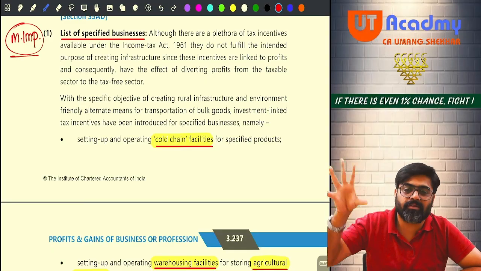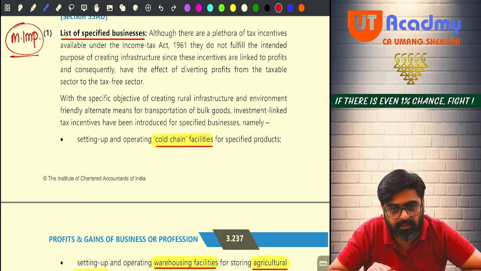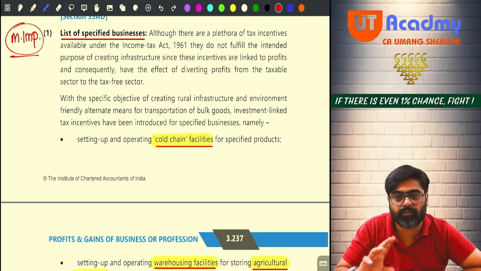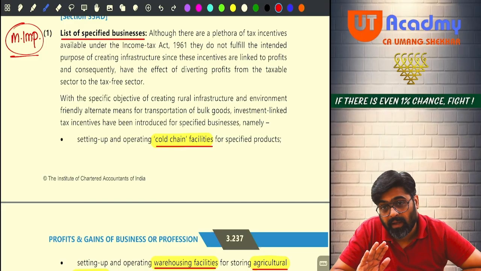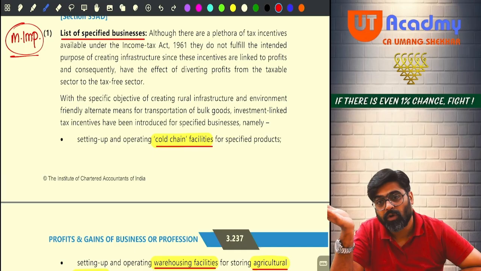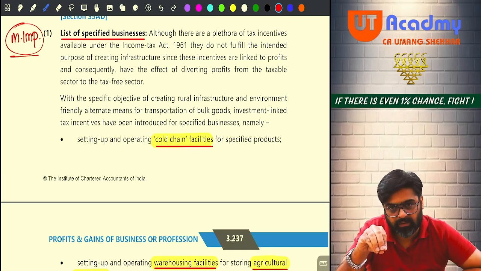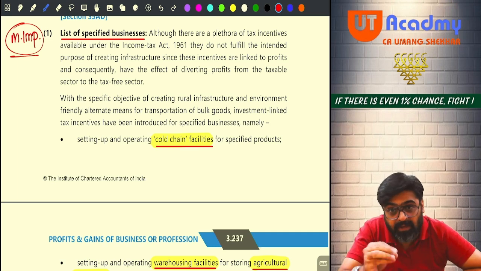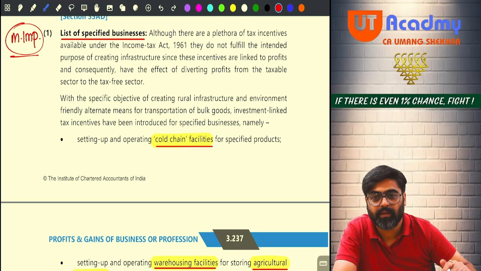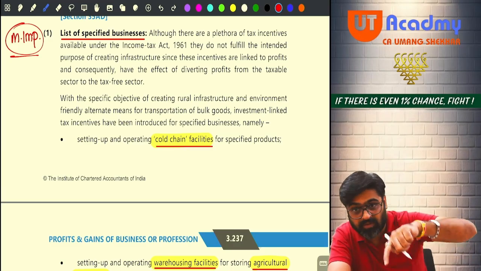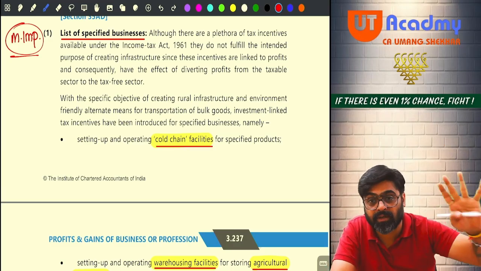Only 2-3 names were specified in the beginning. Then 1st April 2007: if the operations of these businesses are commenced on or after this date, then these specified businesses will get the benefit of section 35AD.